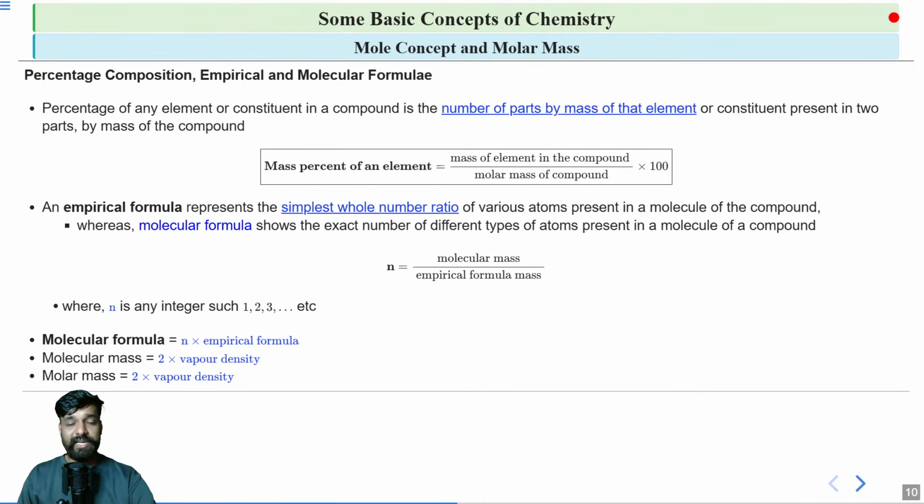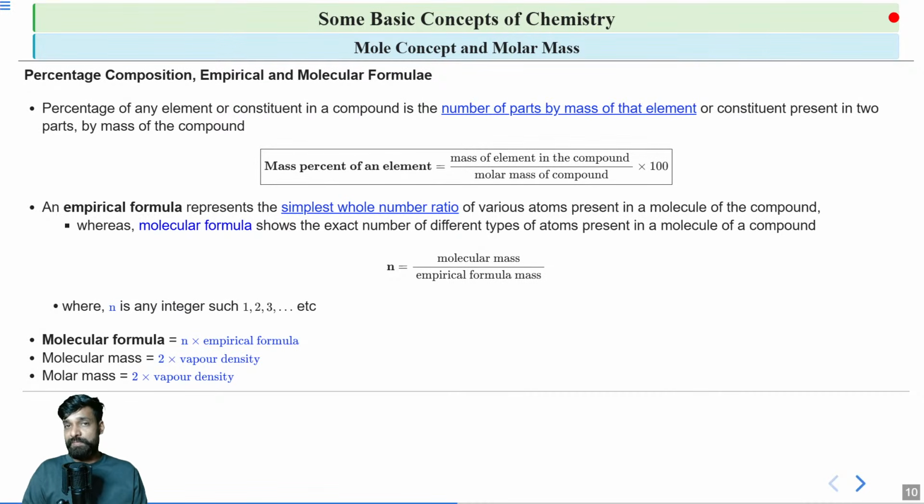You can also calculate it from the molar mass, and since molecular mass and molar mass both have the same numerical value, only the unit is different. Now let me tell you an important difference between molecular mass and molar mass. The numerical value is the same for both.